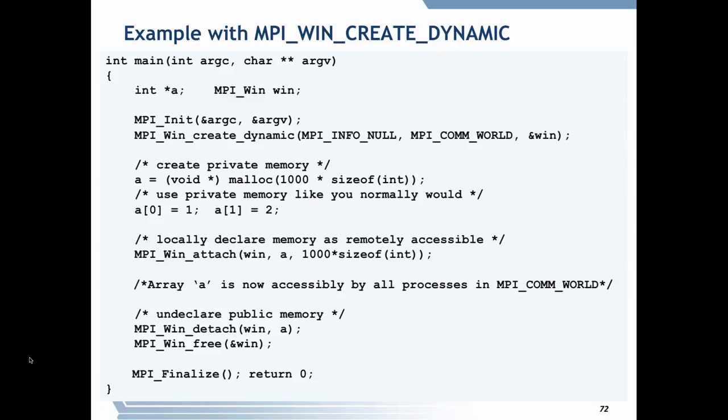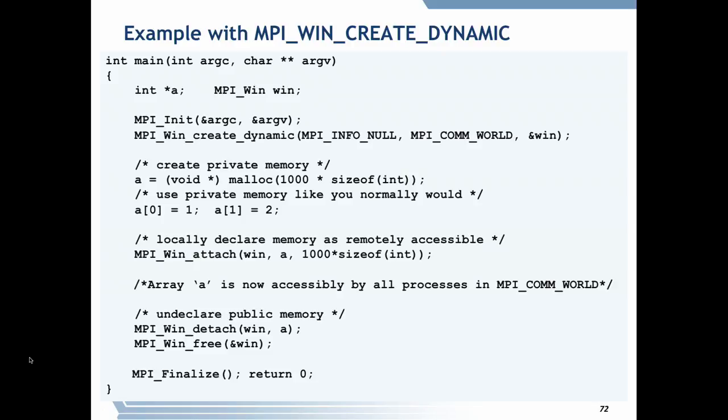And so this is what this looks like. In this case, I create that. I have even fewer arguments, basically just the info argument, and again, I can say no special information. The communicator, in this case, is all of the processes in COMM_WORLD, and I get back the window object.